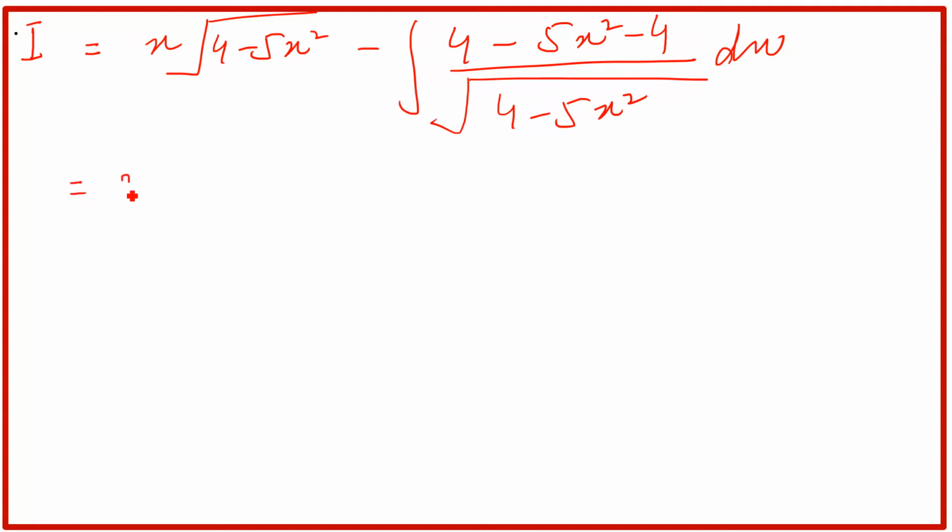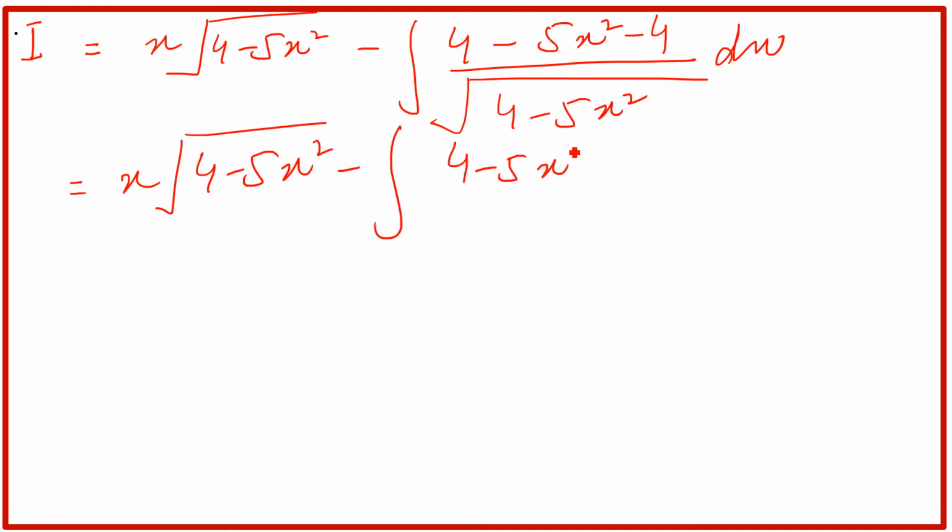So now we will do it separately. 4 minus 5x square minus 4 minus 5x square, divided by the square root of 4 minus 5x square. This minus and this minus will be plus. So we will do 4 over.